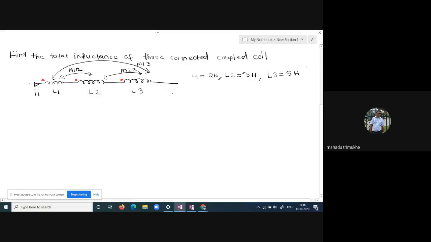Then the mutual inductances are also given: M12 is equal to 0.5 Henry, M23 is given as 1 Henry, and M13 is given as 1 Henry.